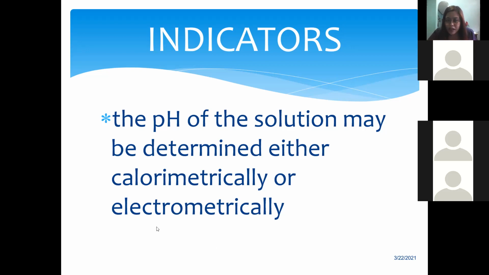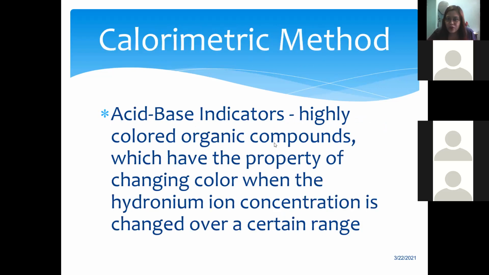Electrometrically is when we use a pH tester, with electrodes. But when we talk about the colorimetric method, we determine the pH through the use of indicators.